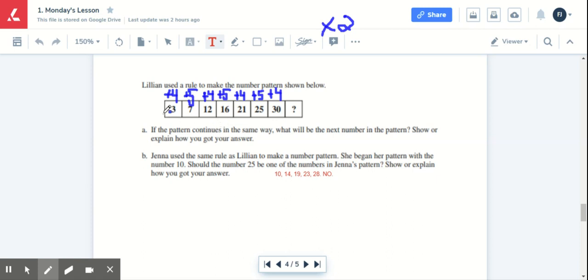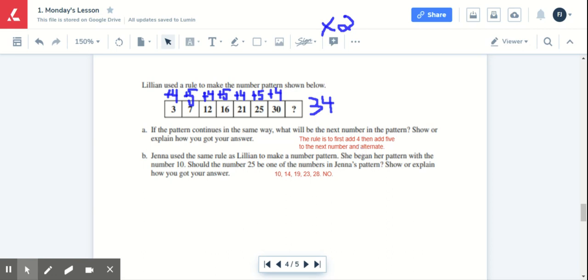Right, that the pattern starts with first adding 4, then 5 to the next number, and then alternating. So if we're alternating and we added 30 plus 4, our next number is going to be 34. So Lillian's next number in her pattern is 34.